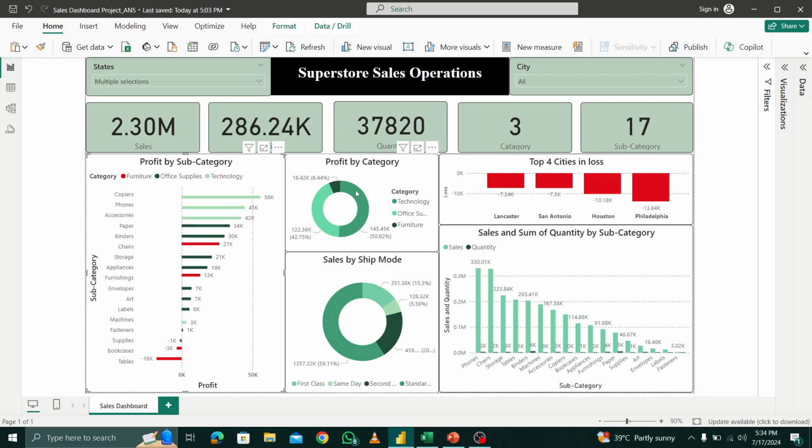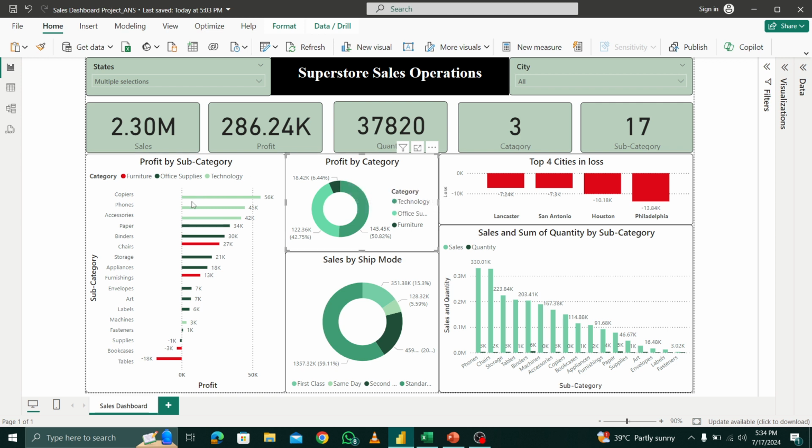Here we can see that there are three categories: furniture, office supplies, and technology. The technology is making most of the profit, more than 50%. Then there comes the office supplies, that is making 42% of the profit. And last but not the least, the furniture is making 6.44% of the profit.